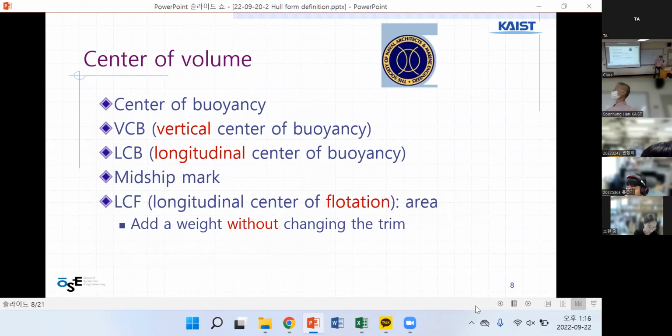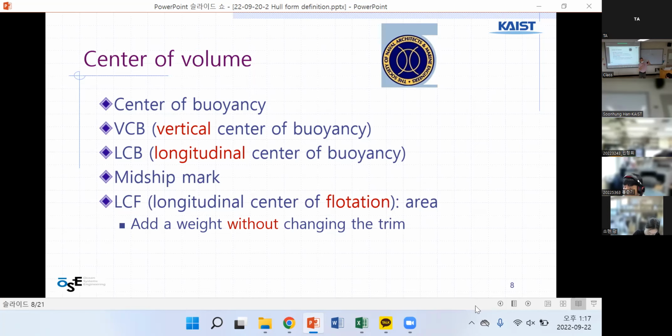So here is the summary: center of volume, center of buoyancy, vertical center of buoyancy, longitudinal center of buoyancy, midship mark. This is a midship mark, and the longitudinal center of flotation is the area center, where the ship trims without change. It's similar, but a little bit different. Center of buoyancy. I forgot to bring my coffee, the center of this coffee.